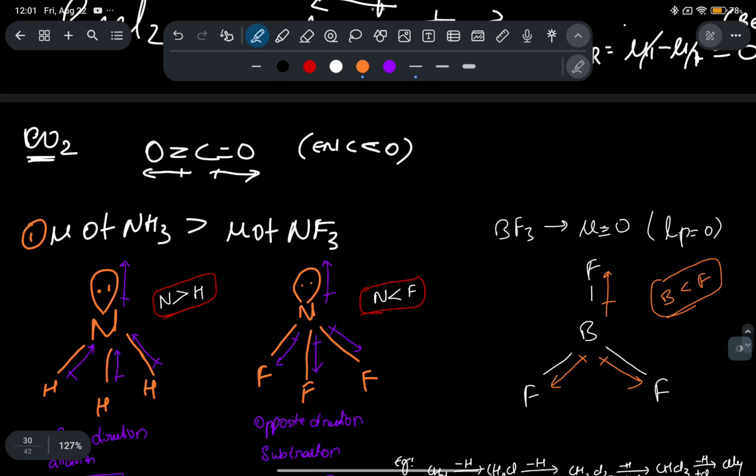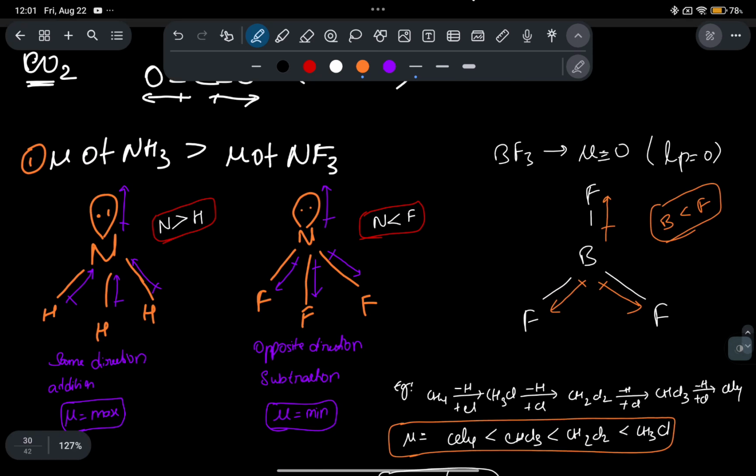Here CO2, NH3 and NF3 are the most important. If the bonded atoms have high electronegativity with respect to the central atom, the dipole moment becomes minimum or 0.